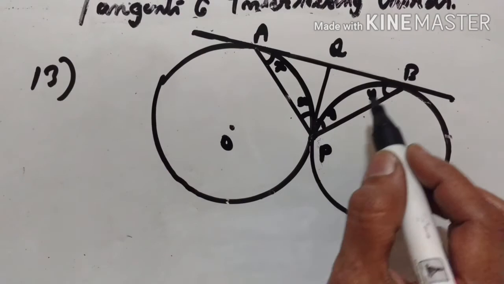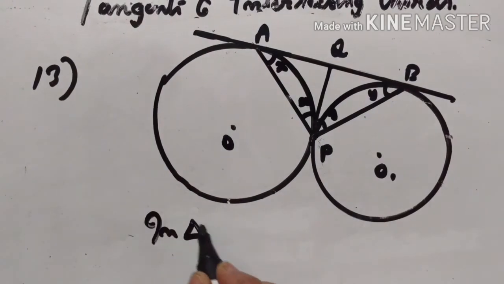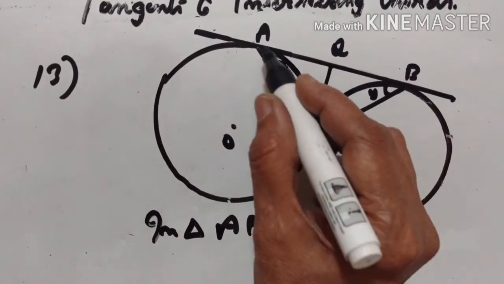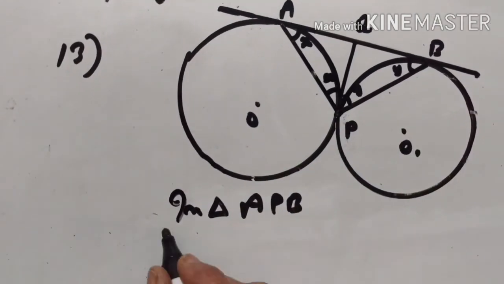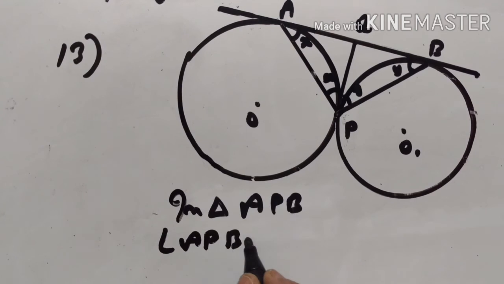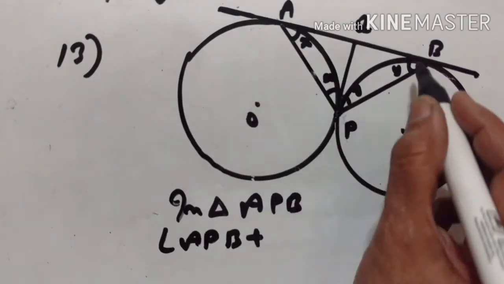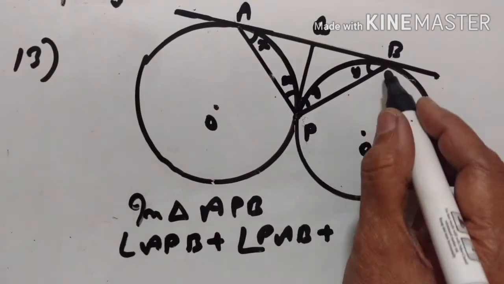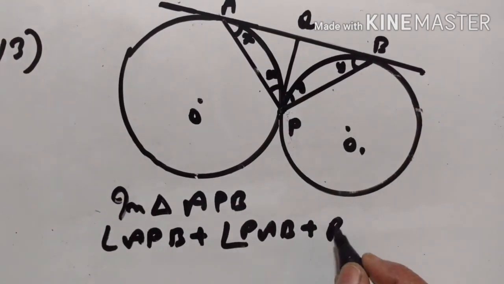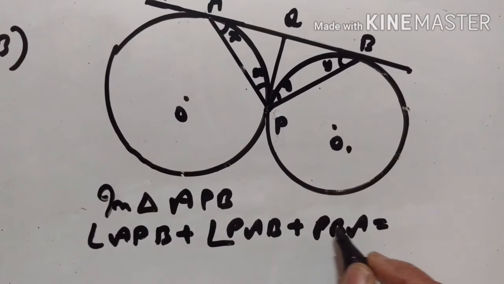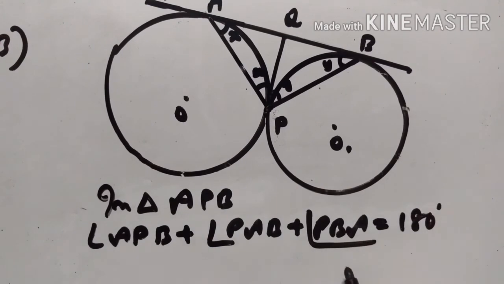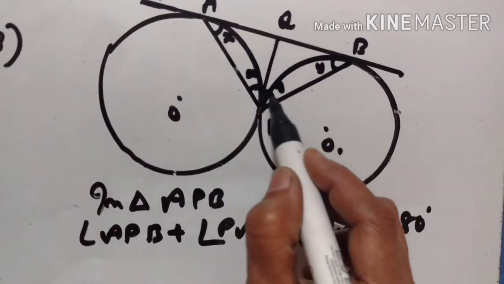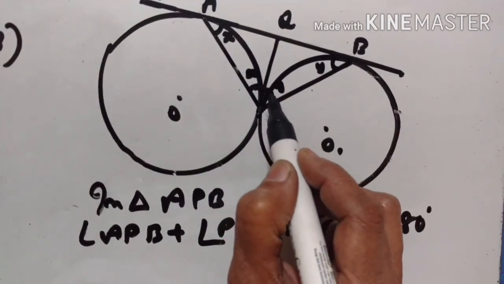In triangle APB, angle APB plus angle PAB plus angle PBA is equal to 180 degree. Angle sum property. Angle APB is equal to x plus y.